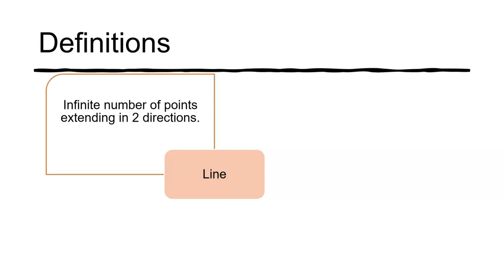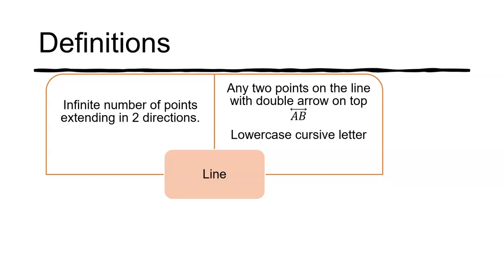So we start with point. Point has location and no size. And then we also have a line. A line is going to be an infinite number of points, but it extends in two opposite directions. It extends forever, so it has an infinite number of points. It has no thickness because those points don't have a size.